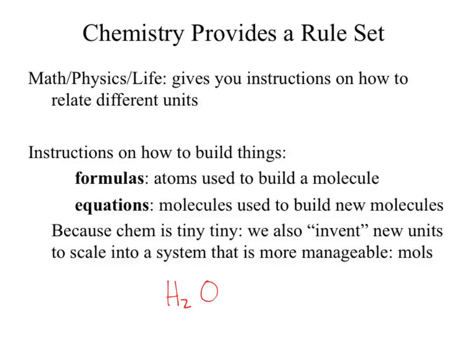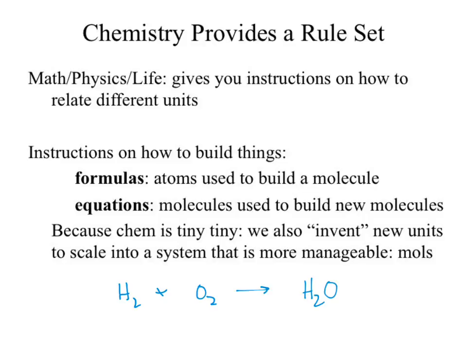An equation. What is the equation giving you? Well, pretty much the same thing. It's telling me how to build water. I need to take hydrogen, unfortunately diatomic hydrogen, and oxygen, unfortunately diatomic oxygen, and I will combine those to make water.